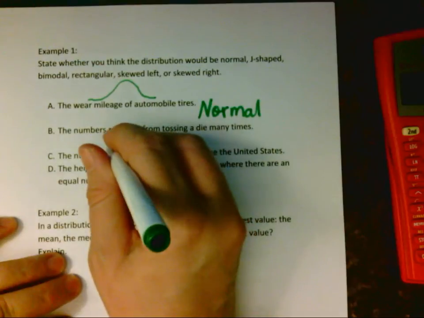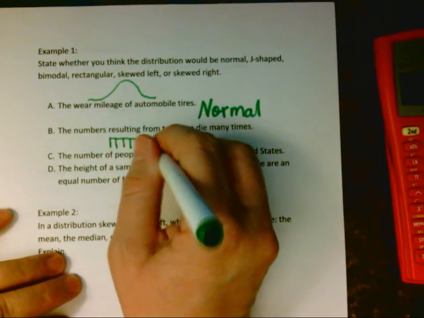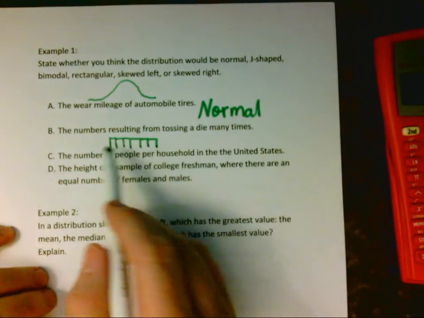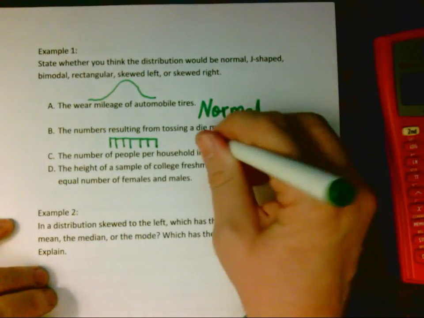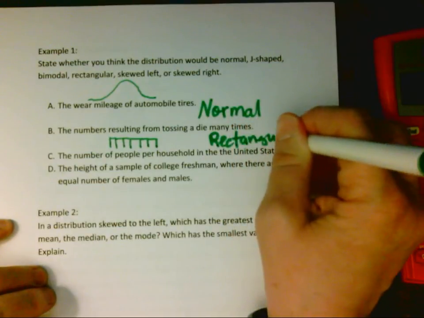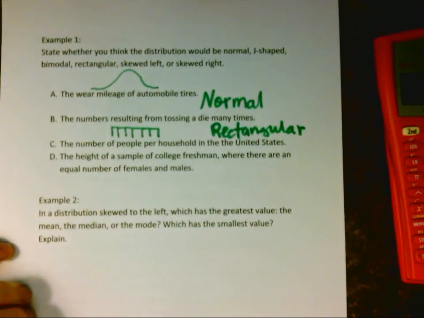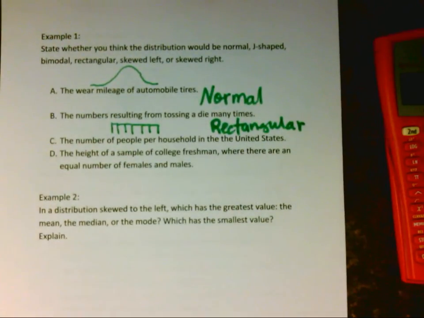So if you graphed this, your bars would be, if you went long enough, about the same height. So we think that a rectangular distribution best describes this set of data.